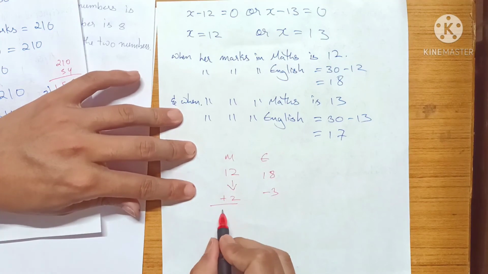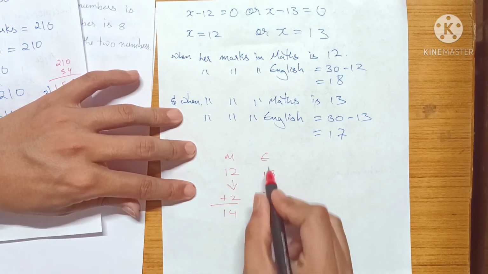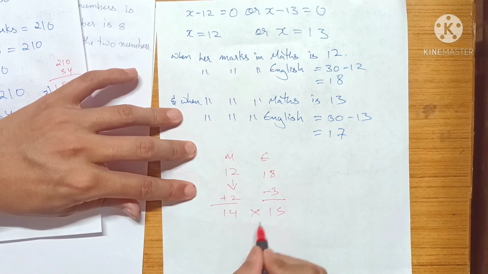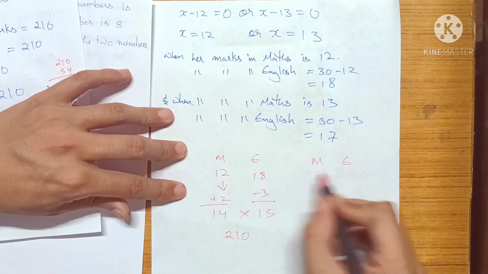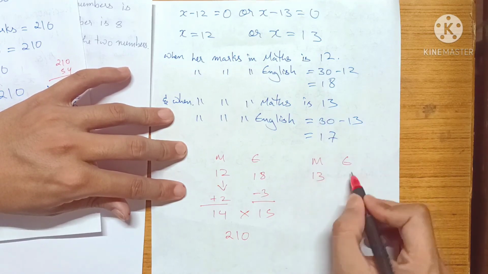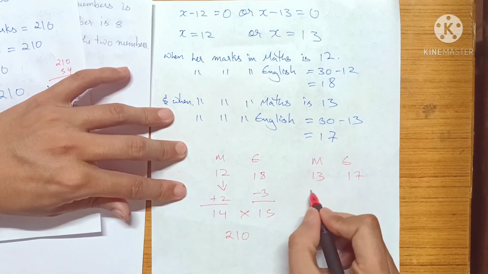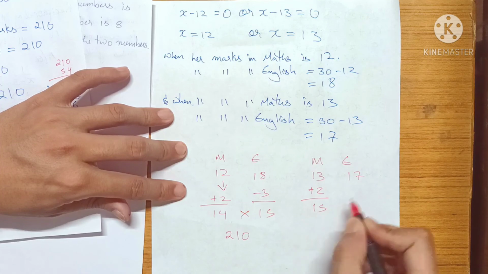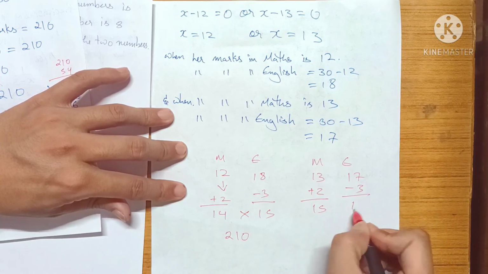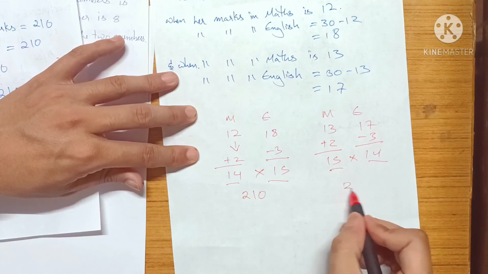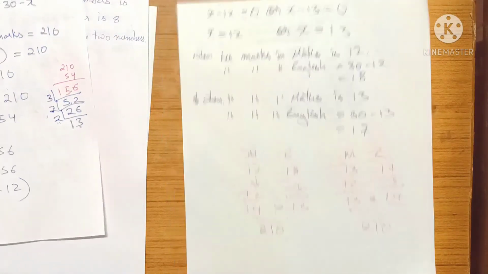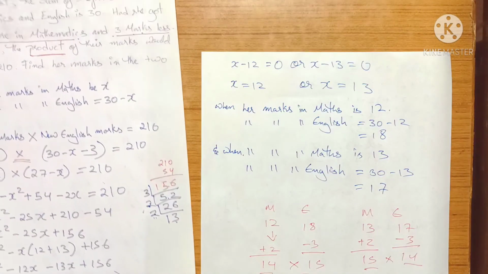So 12 plus 2 is 14, 18 minus 3 is 15. You multiply these two, you get 210. Now the second condition is 13 in maths and 17 in English. If you add 2 here, you get 15. If you subtract 3 here, you get 14. So 14 into 15 again gives 210. That clears your doubt.